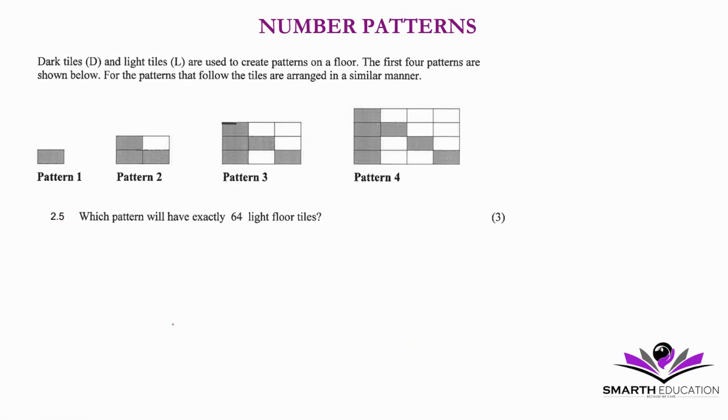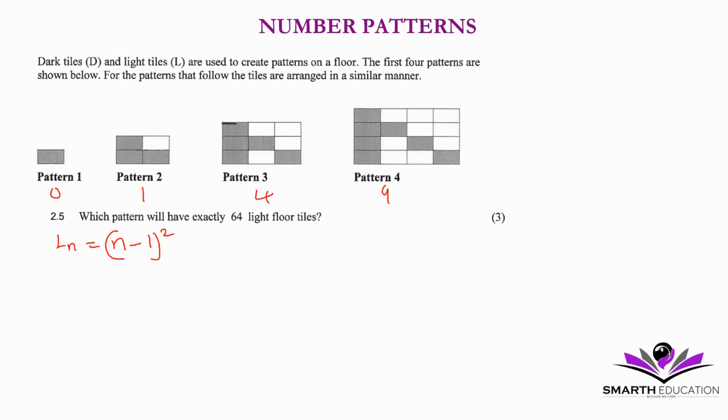In the previous question, we managed to recognize that Ln is equal to (n minus 1) squared, because we have 0, 1, 4, 9. We recognize that if you subtract 1 from the term number and square it, we get the term.